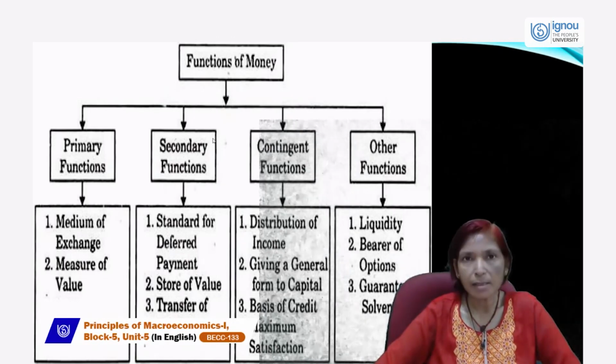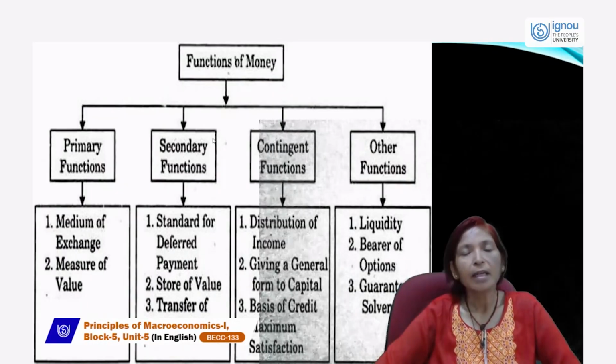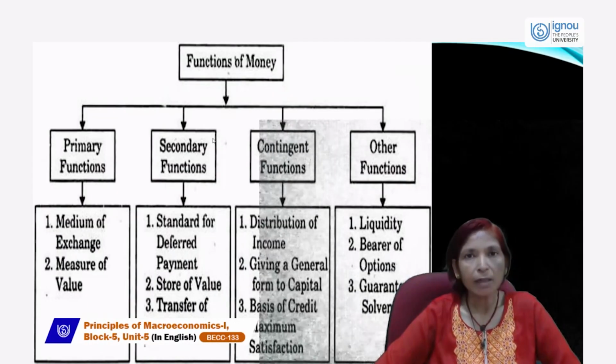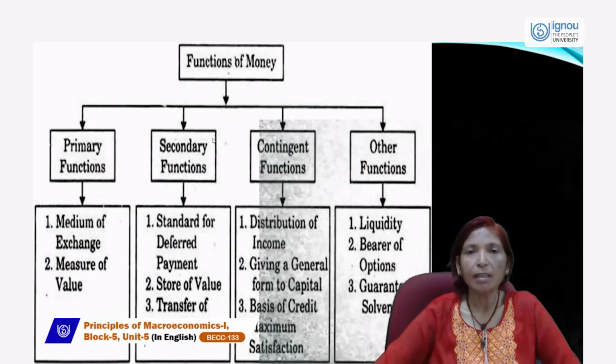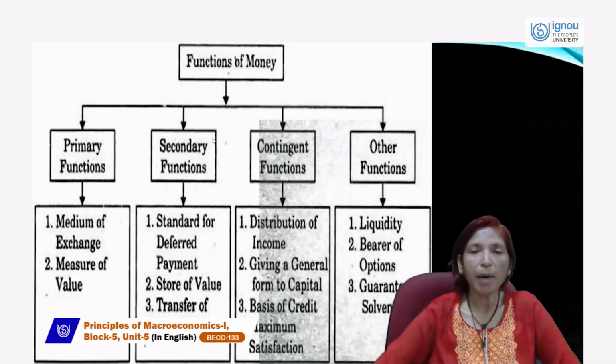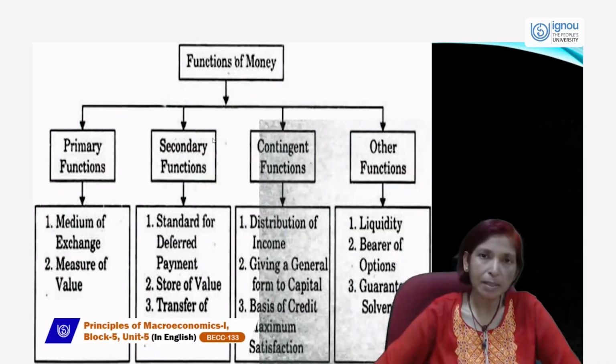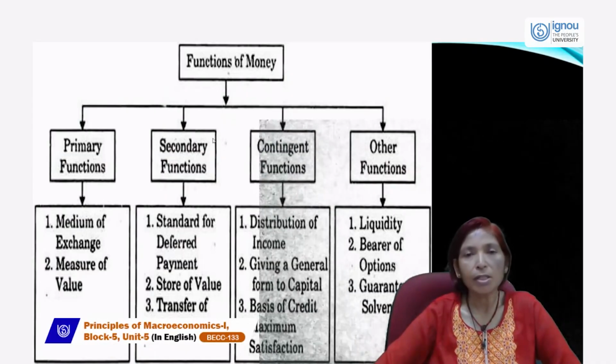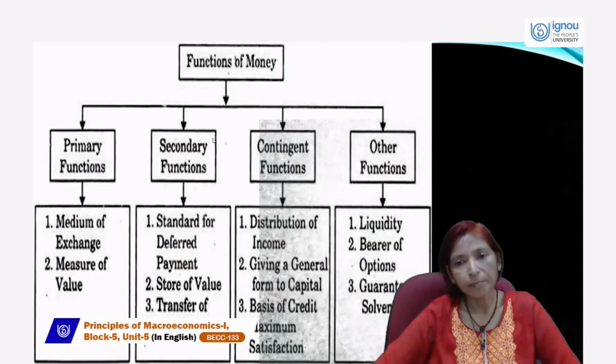According to J.M. Keynes, because money is a very liquid form of asset, people demand money for these three purposes.